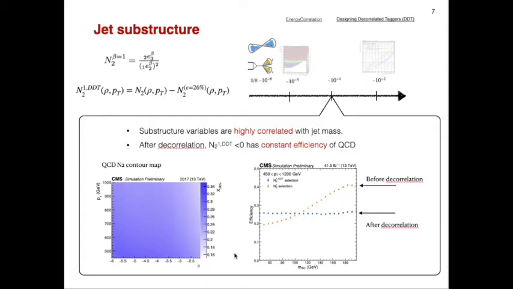Therefore, we employ the DDT technique, where we compute the N2 contour at a fixed efficiency as a function of jet mass and pT from simulations, and then subtract this contour from the raw N2. By design, cutting on this N2 DDT variable would give a constant efficiency as a function of mass. So after the decorrelation, the sculpting is gone.